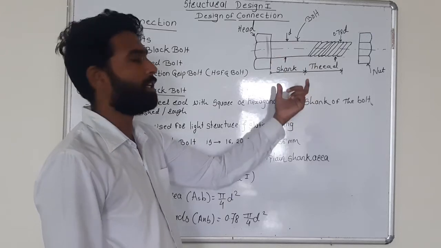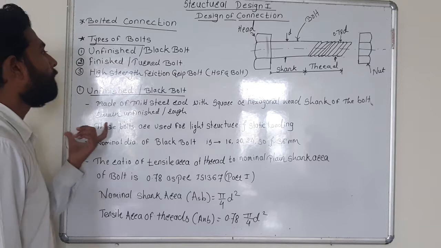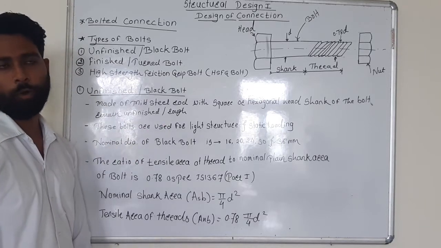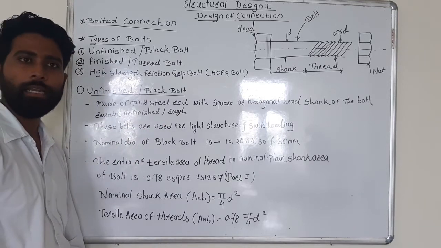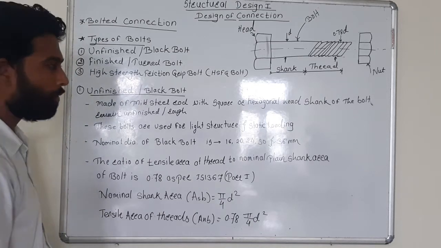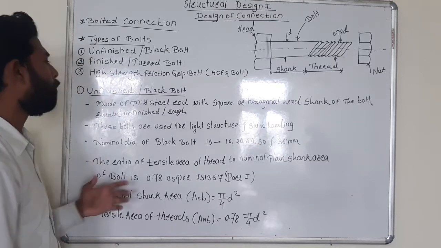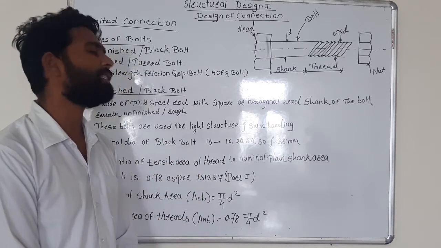This shank portion is rough. That's why it is called a black bolt or unfinished bolt. This is made up of mild steel. The strength of mild steel is 250 MPa. You know about this.